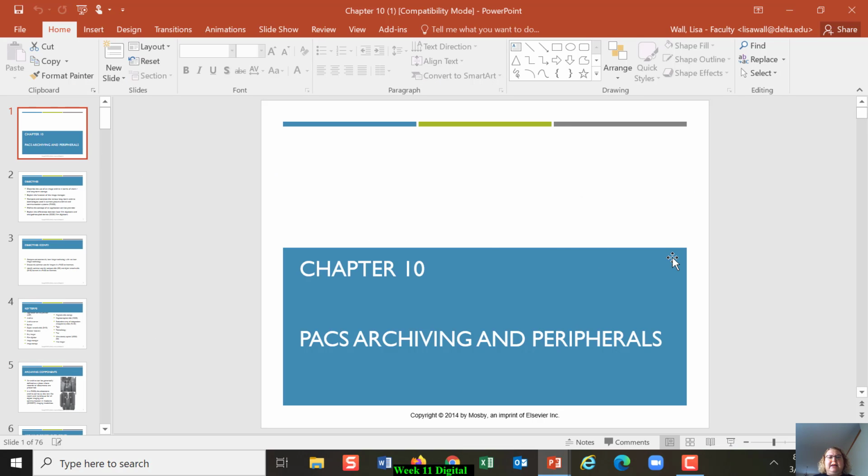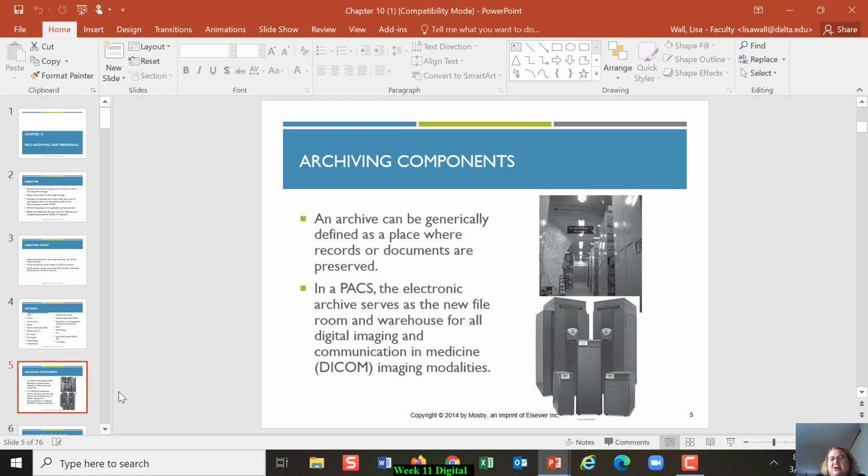So let's take a look at the content that I have you doing this week. Chapter 10 is your PACS archiving. When you get into this chapter, that's pretty much all it talks about, is how these images are archived. Used to be back in the 80s, 90s, early 2000s, everybody had film rooms. We would take our images, process them, and put them into a film jacket.